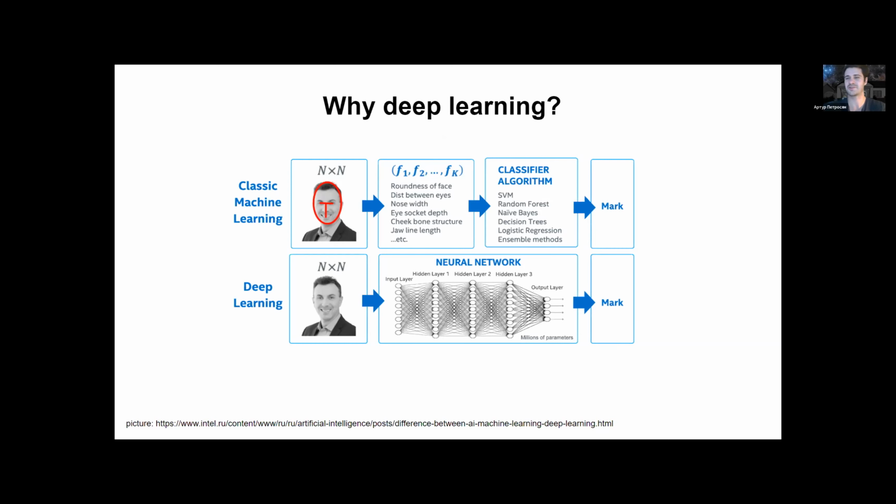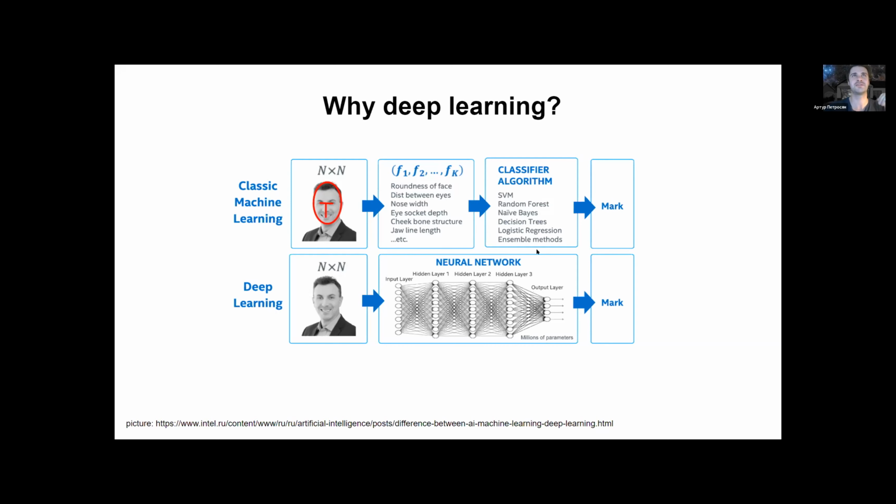For example, if you have an image, you don't have features. You can do it manually, with some handcrafted features for tracking some patterns on your image. But with classic ML, you cannot just give an image to your algorithm and solve some classification problem, for example, whether it is a woman or a man, and deep learning methods allow you to do this.